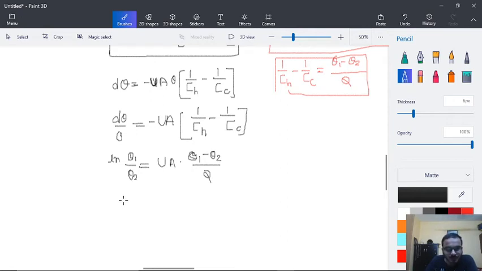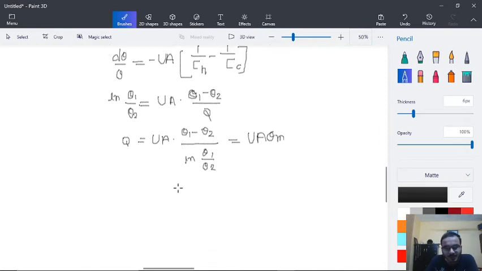So here q is equal to ua into theta 1 minus theta 2 by ln theta 1 by theta 2, which can be written as ua theta m.